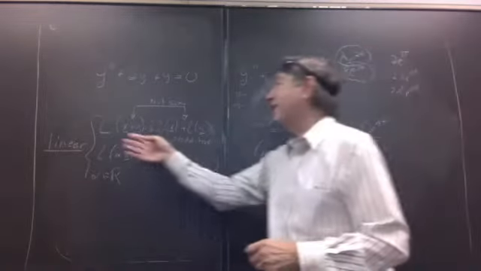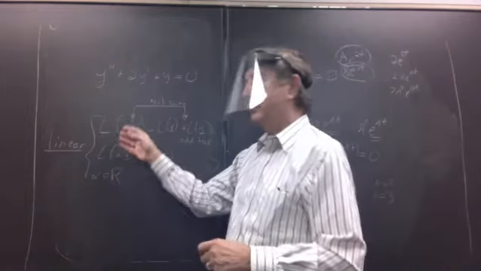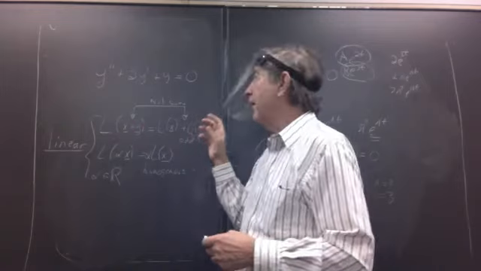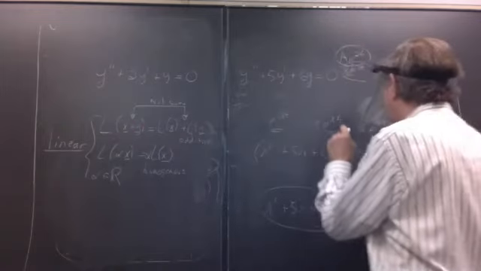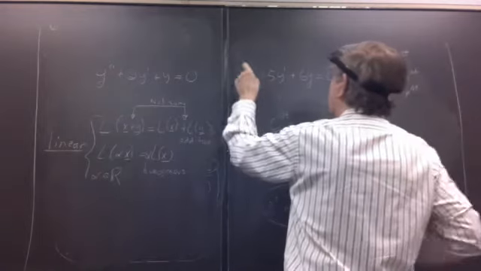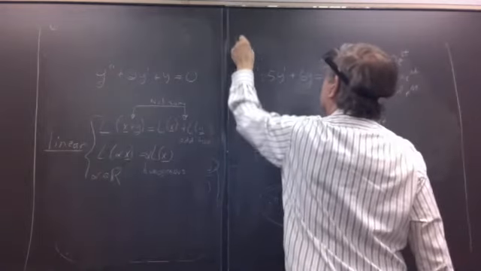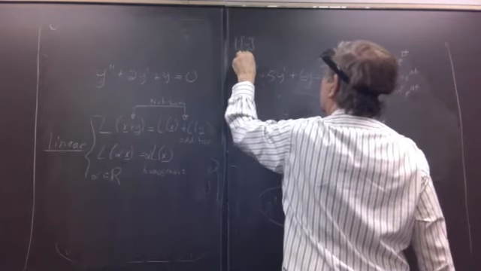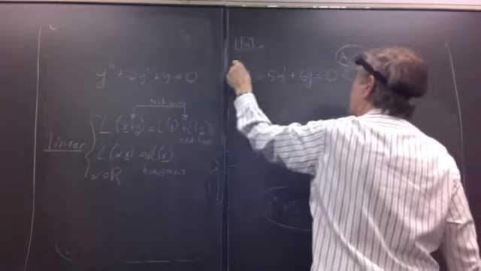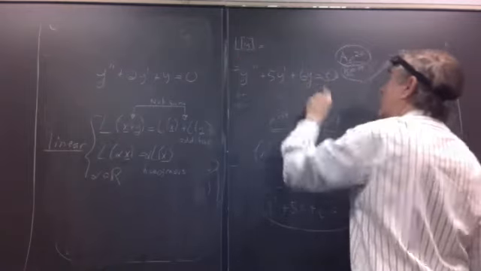Except a function now is not a function of numbers, it's a function of functions, okay? And so it turns out that what we can do with this equation is make a function out of it. And what I'm writing right here is a function. If I say equal to that, I'm writing this as a function.